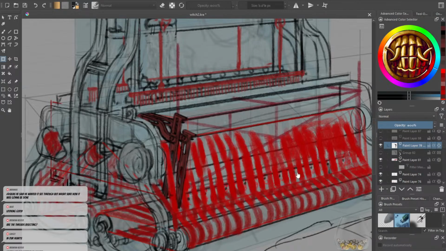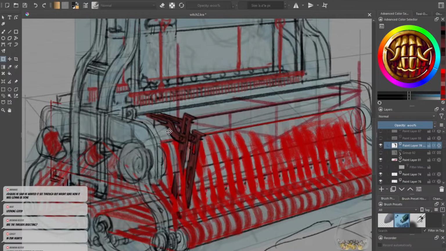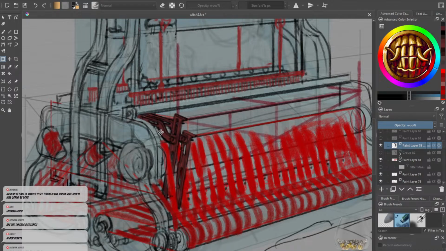Wait, no, I drew that in the wrong spot. Shit. Yeah, they gotta be... This one is there, that's right, but hold on. This one is behind this.